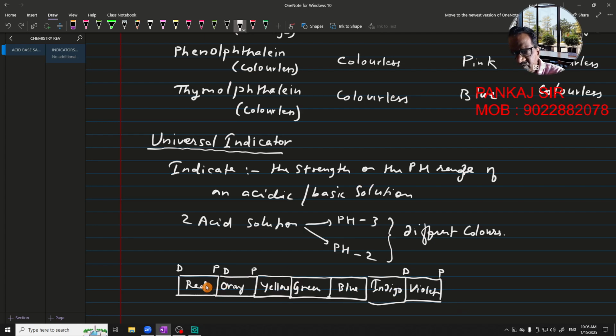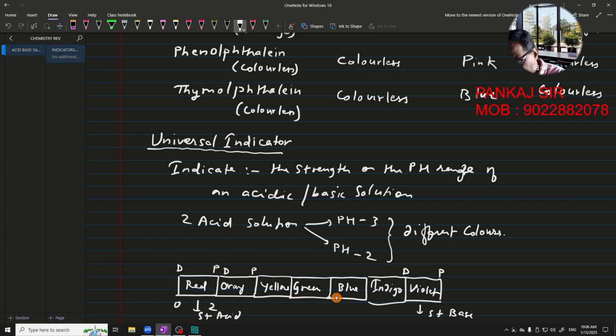These different colors are going to indicate the different ranges. For example, red is indicating from 0 to 2, orange is from say 1 to 3, that way. So it will tell you about the range of the pH value. The extreme left will tell you that it is a strong acid. The extreme right is going to tell you it is a strong base.